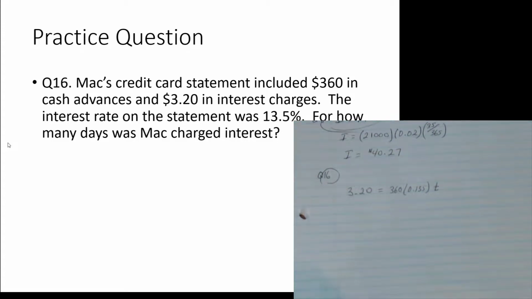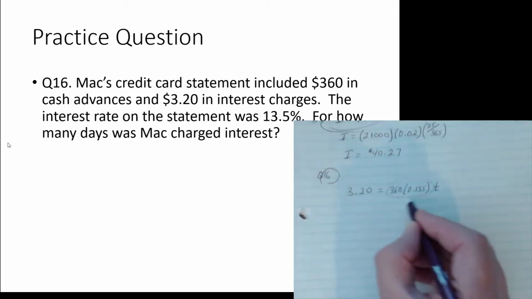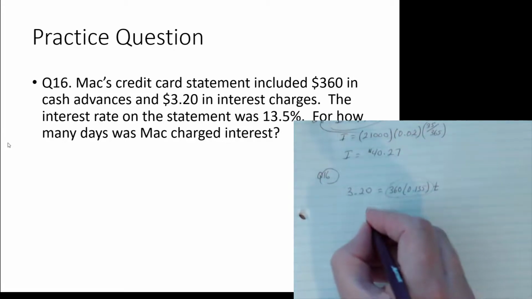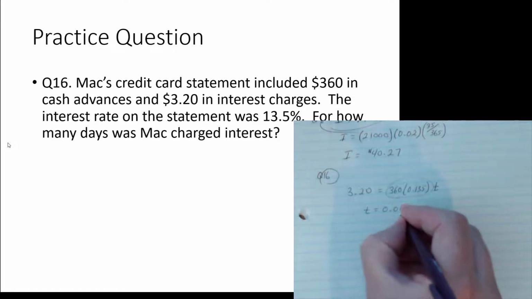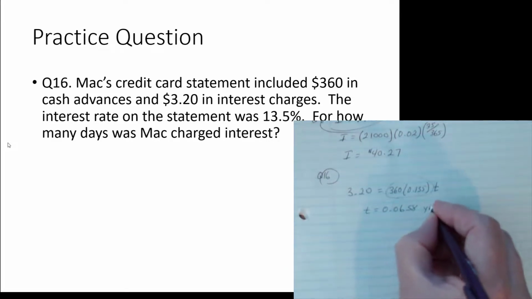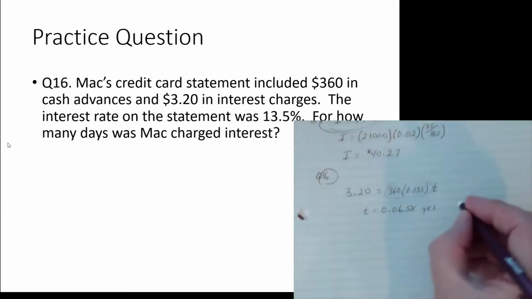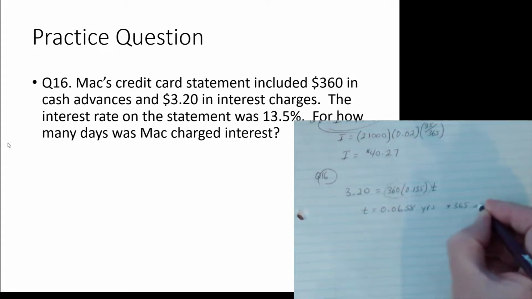Now what I'll do is divide both sides by 360 times 0.135, and I essentially get a T that's 0.0658 years. And again, nobody talks like that. So I will multiply that by 365 days per year.